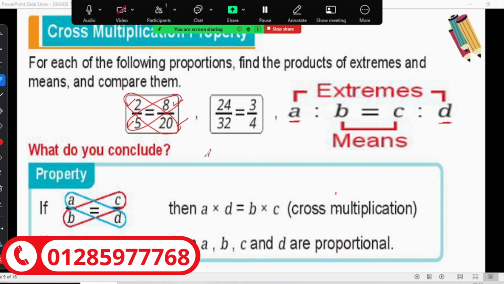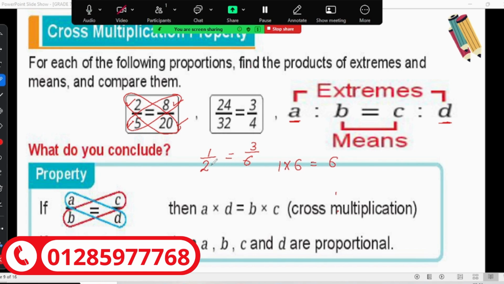If we have 1 over 2 equivalent to 3 over 6, they are equivalent. Yes, why are they equivalent? Because the product of means equals the product of extremes. Who are the extremes here? 1 and 6. 1 times 6 is the product of extremes, which equals 6.